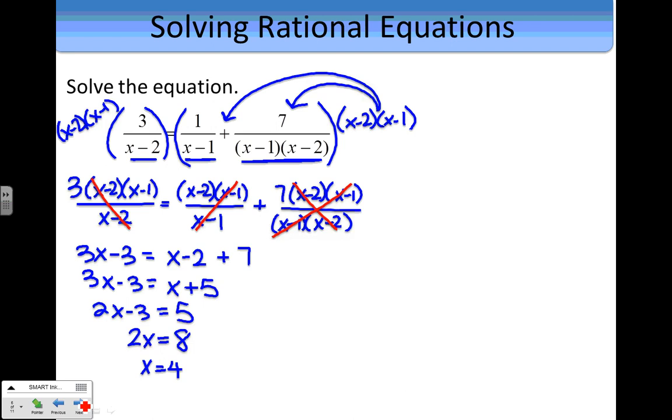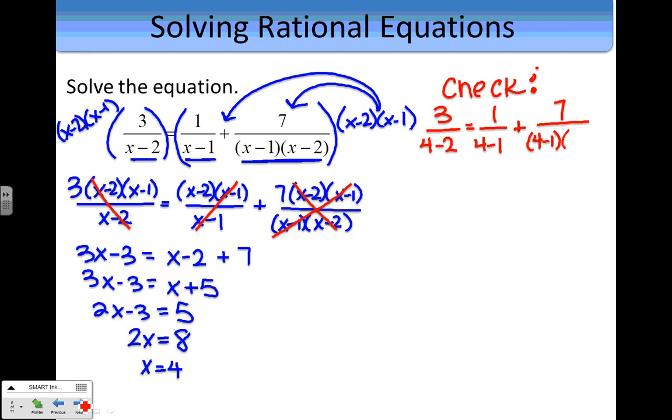So let's go ahead and plug it back in to make sure that this works. We have 3 over 4 minus 2 equals 1 over 4 minus 1 plus 7 over 4 minus 1 times 4 minus 2. Simplify that. 3 halves equals 1/3 plus 7 over 6.